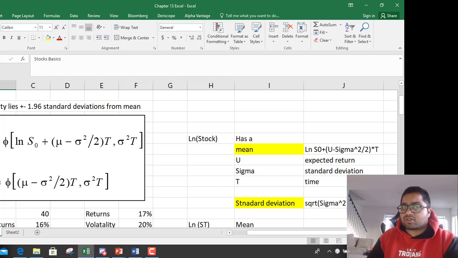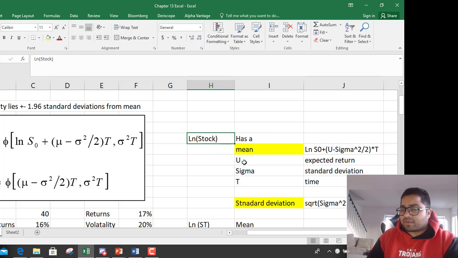So the log normal stock price in future will have a mean of log of S0, that is log of the current stock price, plus U, that is expected returns, minus sigma squared divided by 2, into T. So the log normal of the stock will have a mean of this.